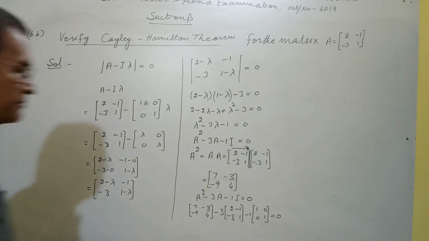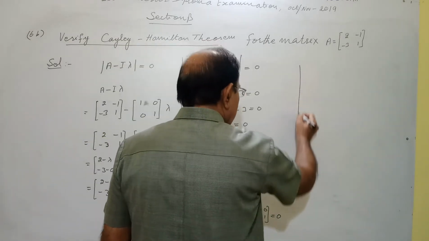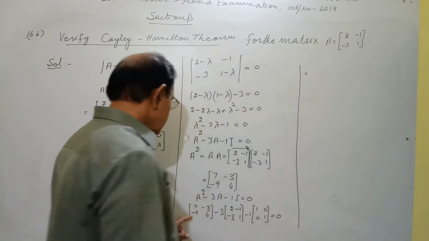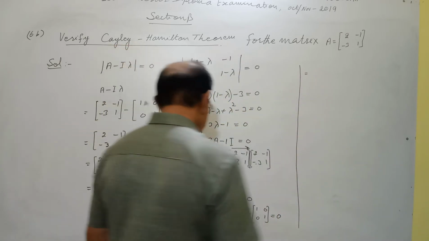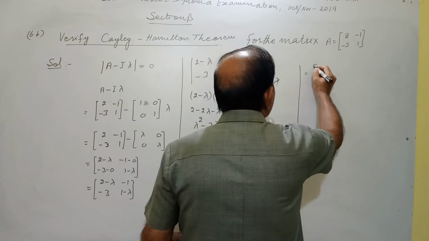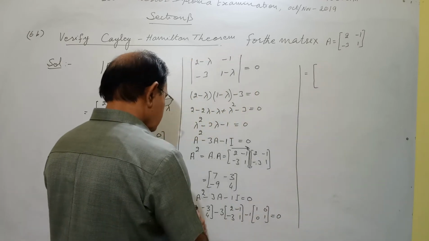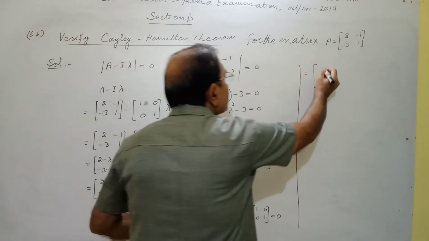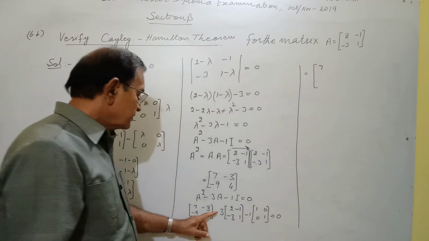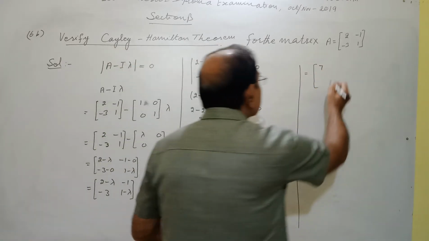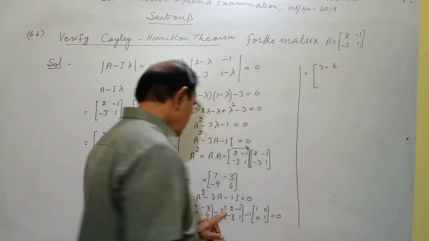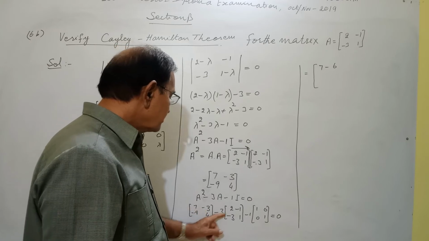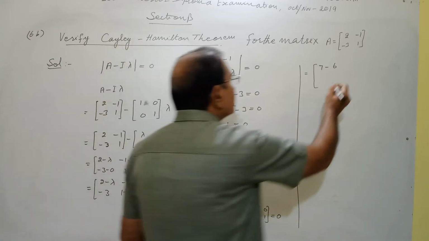Left hand side equals 7 minus 6. See here, 7. First entry is 7. First entry is minus 6. Then here comes 7 minus 6 minus 1.